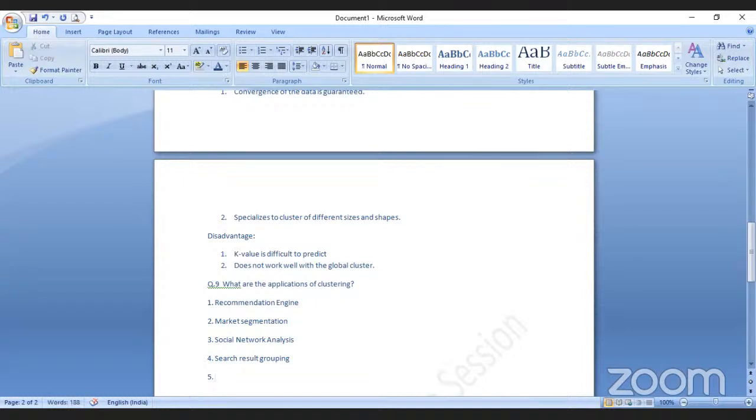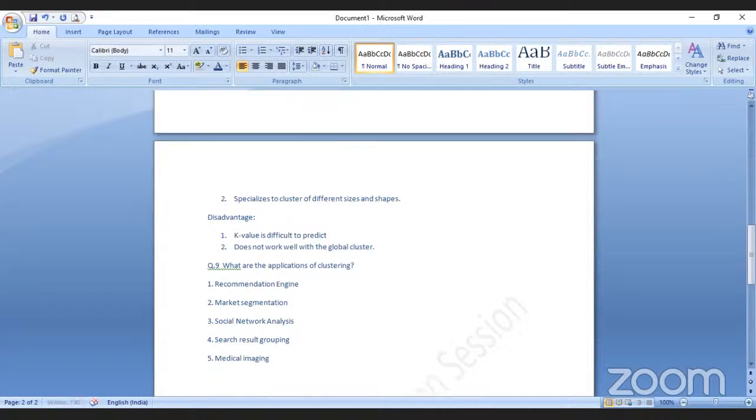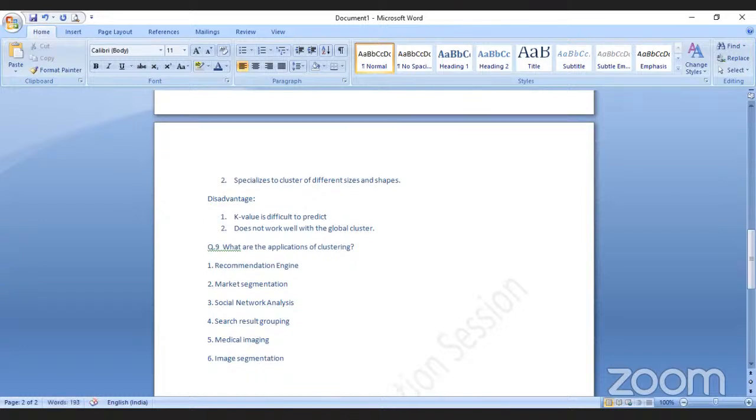Then medical imaging, image segmentation, then anomaly detection.